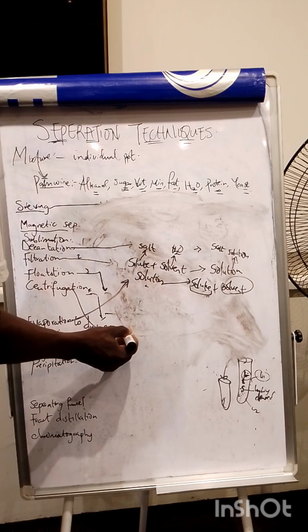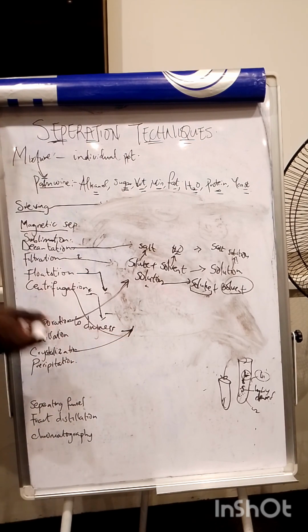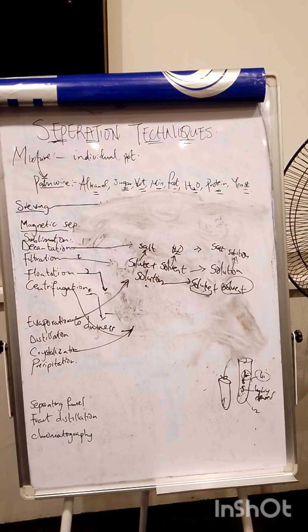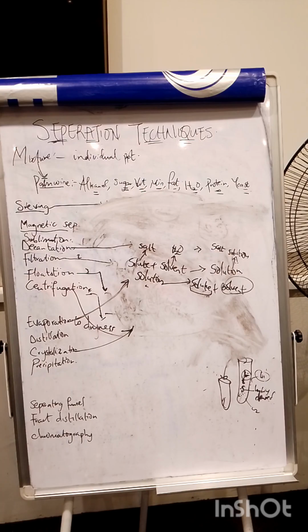Crystallization is used to separate salt that decomposes on heating. Are you with me? Examples are copper sulfate, copper tetrasulfate heptahydrate, then no, sorry, not heptahydrate, pentahydrate.